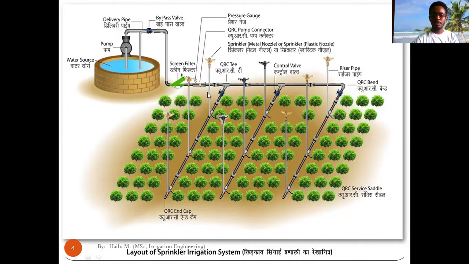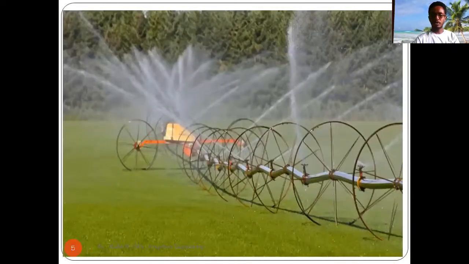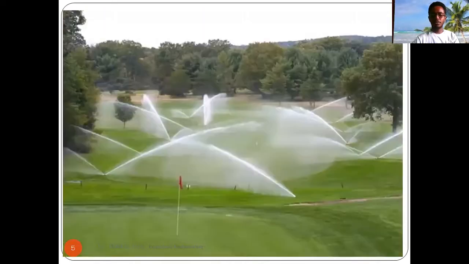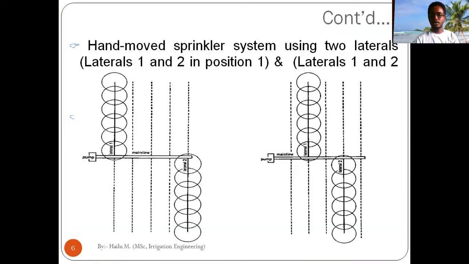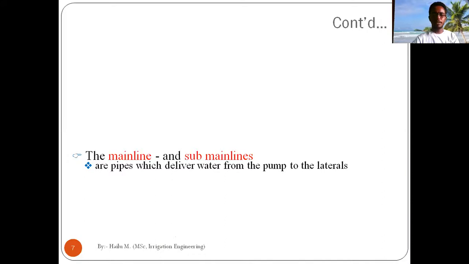From the sub-main lines, after entering the laterals, through the sprinkler it will be sprayed to the sky and dropped down to the crop in the form of natural rainfall. So these are some figures of the sprinkler irrigation method.